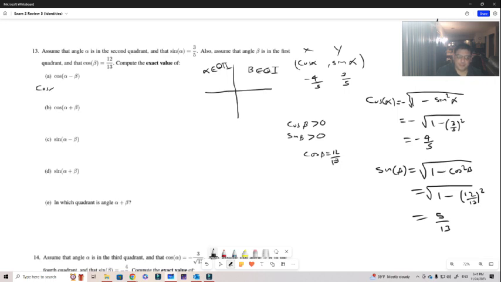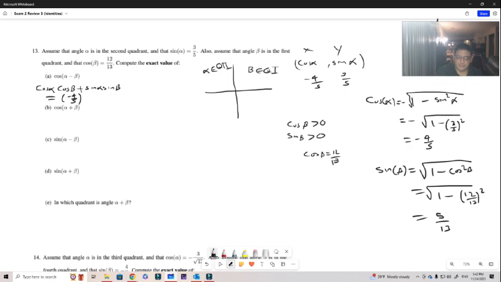So this is cosine of alpha, cosine of beta, minus sine of alpha, sine of beta, and with the minus that comes out from the minus beta here, we get a plus, and then we plug in the values that we need. So cosine of alpha is minus 4 over 5.